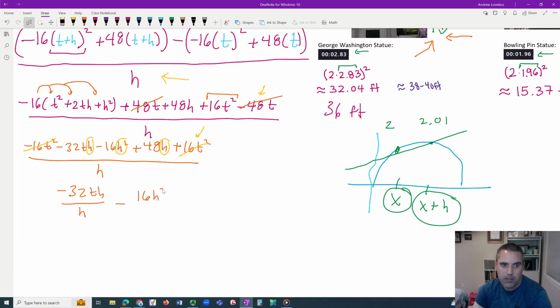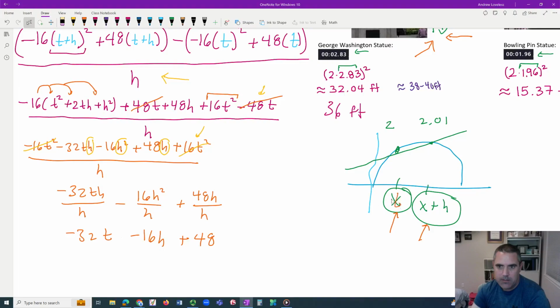You can take your pick of whichever thing you think is nicer. H over h is 1. They don't actually cancel, they just become 1. And this is negative 16h, and this is negative 32t. That's the average velocity between any 2 times, where this is your start and this is your end.